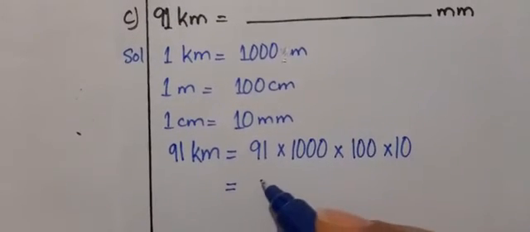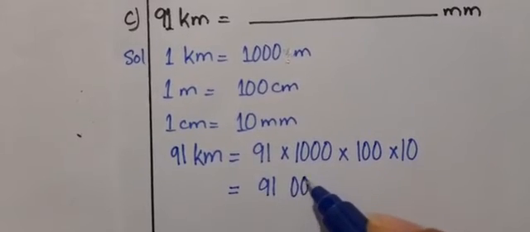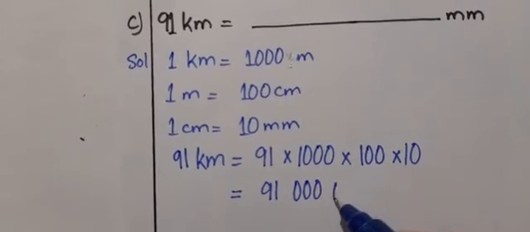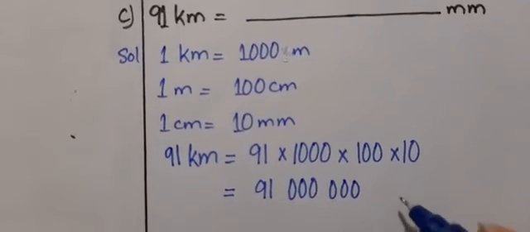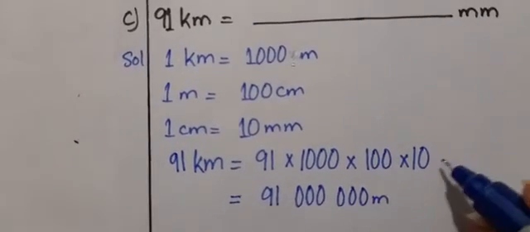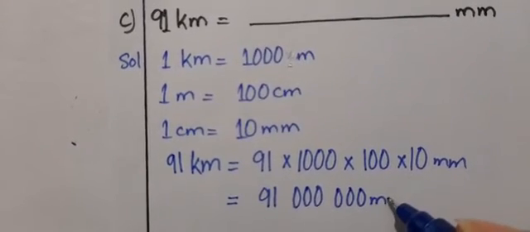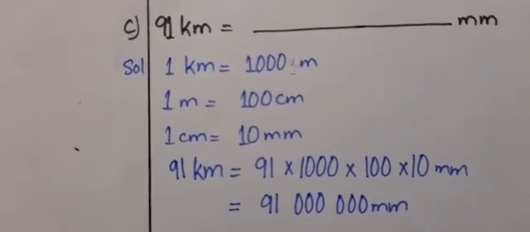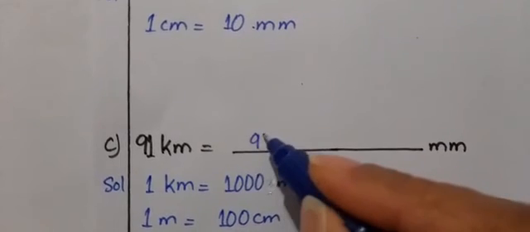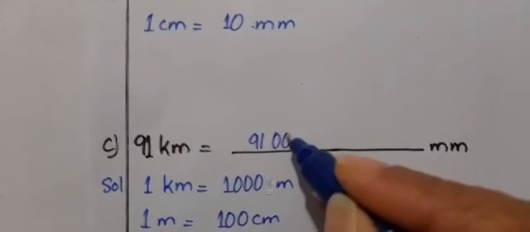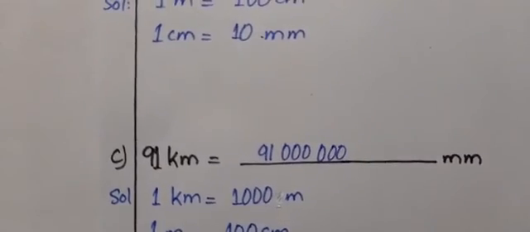It will be 91 million millimeters. In 91 kilometer there are 91 million millimeters. Okay, here also I have to write millimeters. And now I will fill the above blank, and it will be 91 space 3 zeros space 3 zeros millimeters.